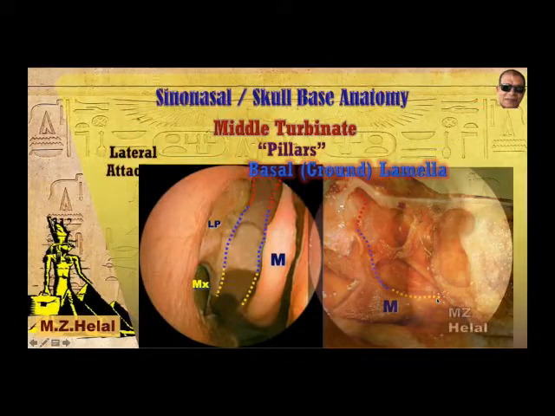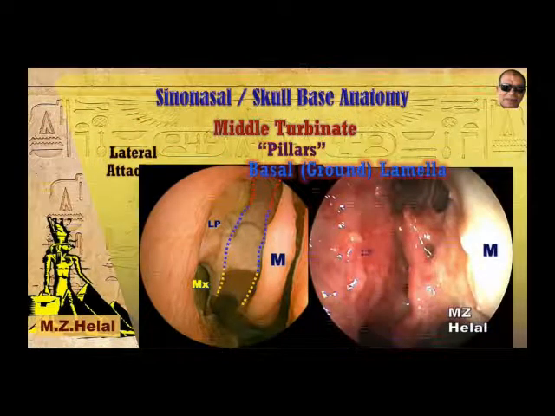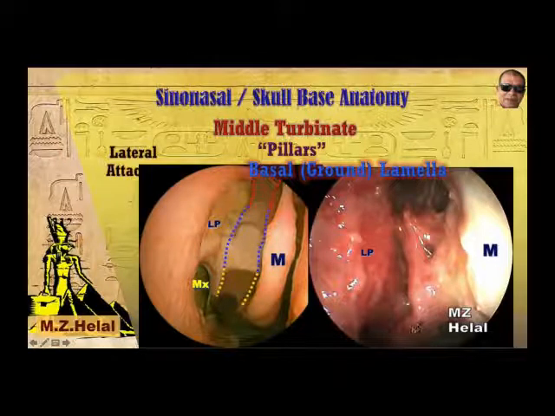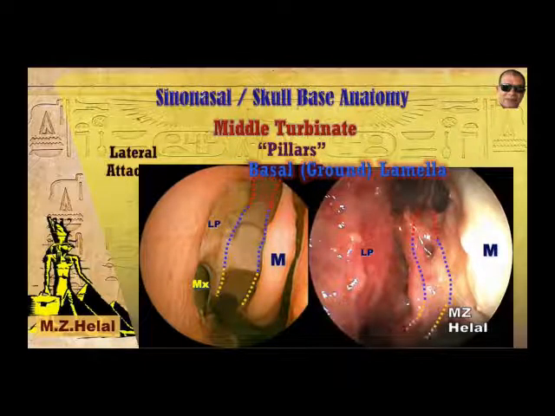A fresh cadaver showing the middle turbinate, and here is the lamina papyracea, and these are the parts of the basal lamella, starting here with the first part vertical, second part oblique, third part horizontal. This is the posterior boundary of the anterior ethmoid.